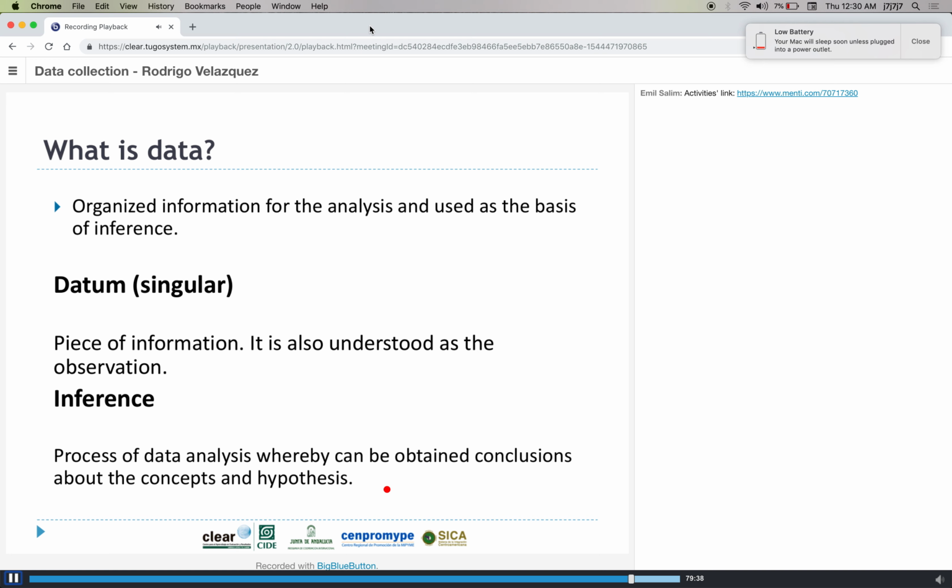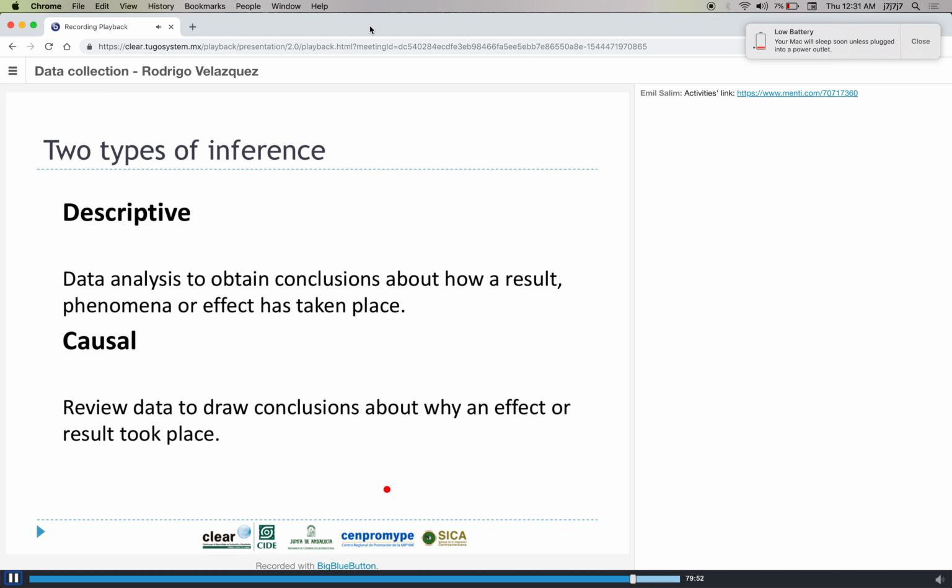So when we analyze data in a more precise way, we make inferences, and we have two types of inference: descriptive inference and causal inference.